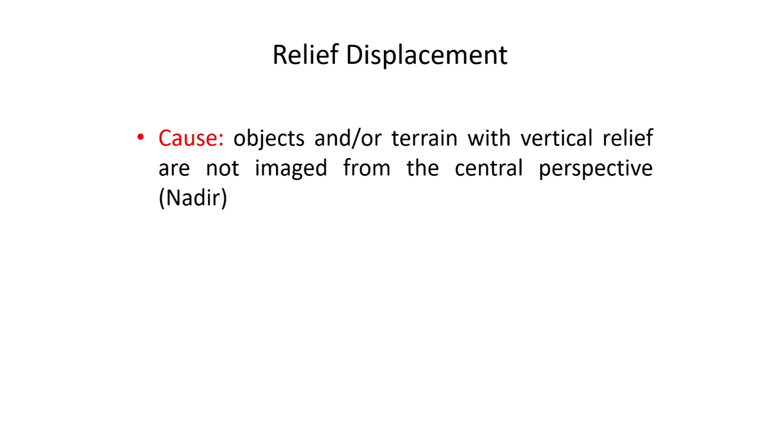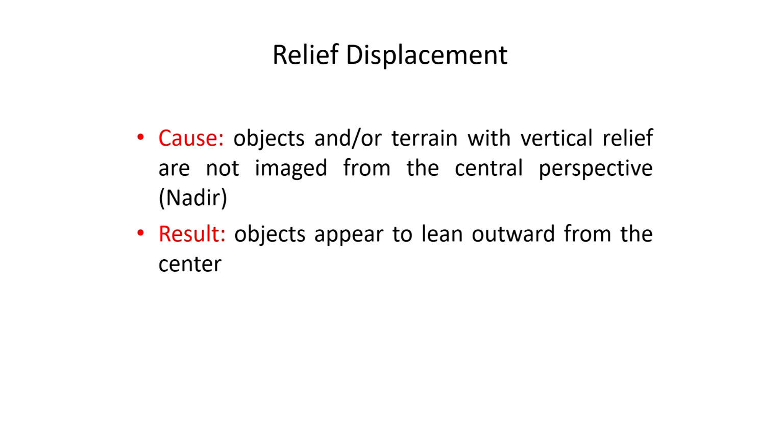Relief displacement is caused when objects or terrain with vertical relief are not imaged from the central perspective, that is your nadir. So objects appear to lean outward from the center, when the original object is almost vertical, because usually we do that.